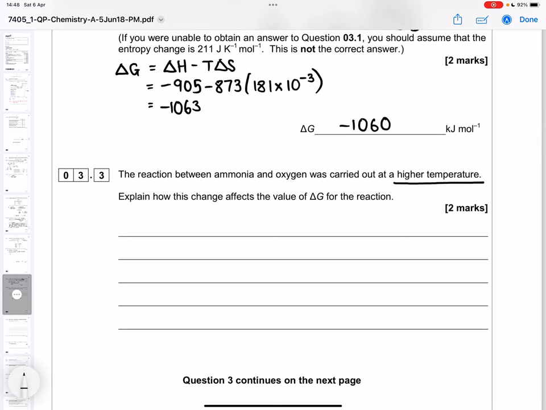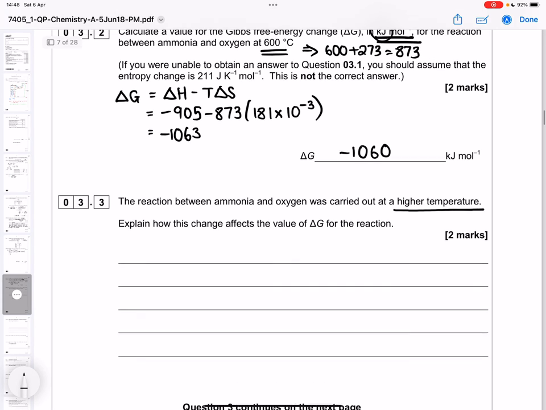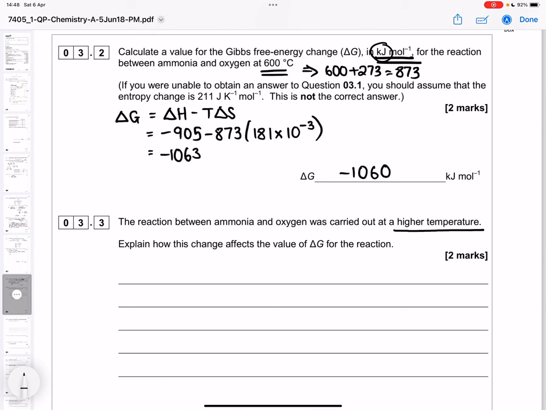So if we look at where temperature is in our equation, so remember in our equation was delta G equals minus 905 minus our temperature times 181 times 10 to the minus 3. Now it's a negative number, and if we make the temperature bigger, we're going to subtract more.